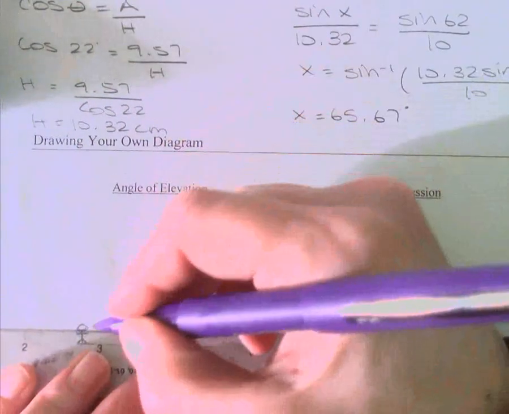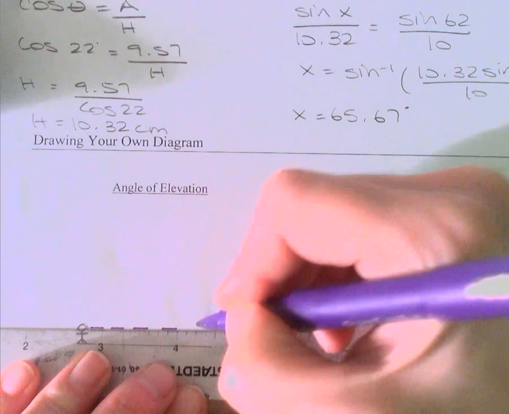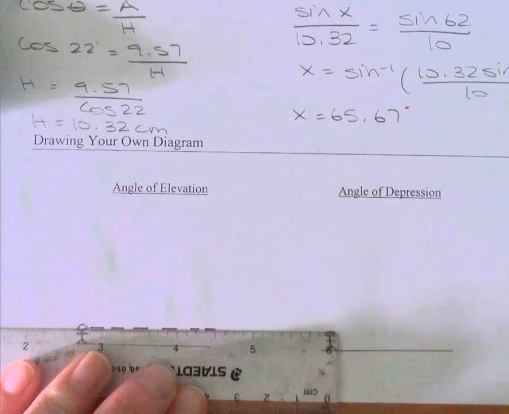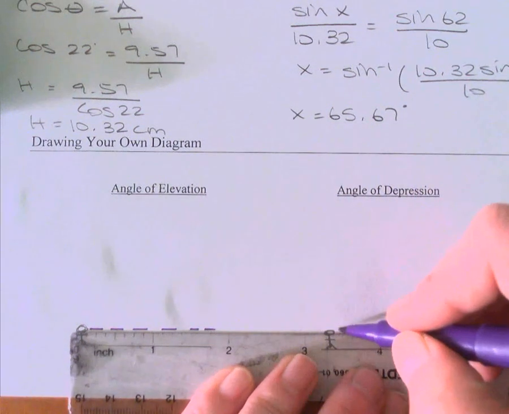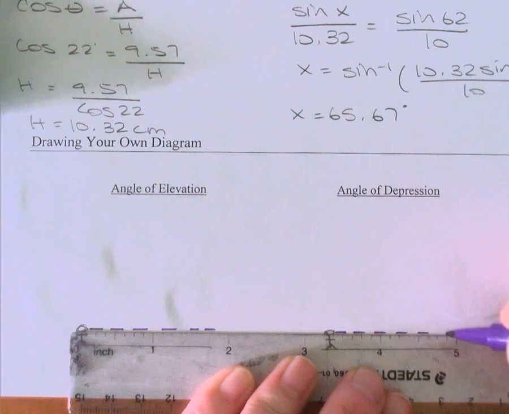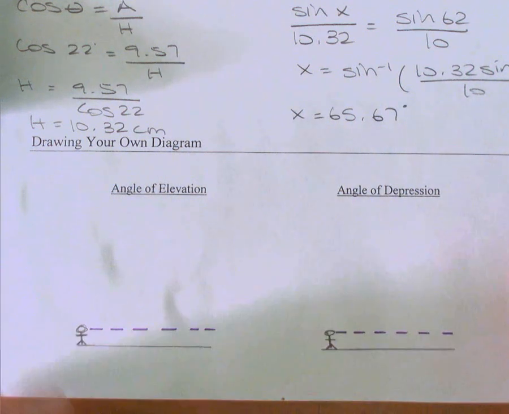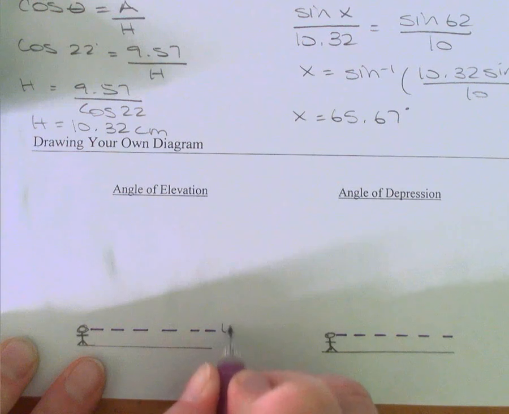When I have my sight line, we're looking straight out, this is the horizontal. Same thing with the angle of depression, we're still going to look straight out. Okay, so that is the line of sight, the horizontal.